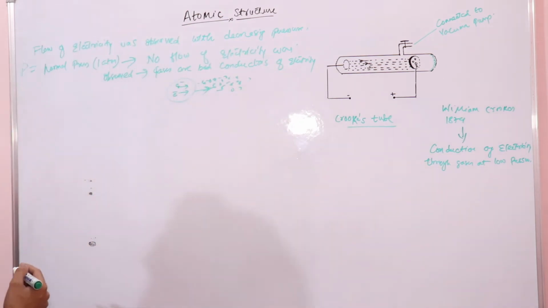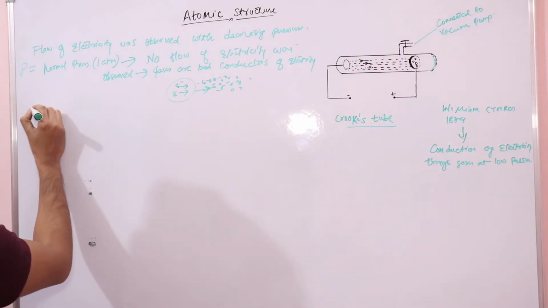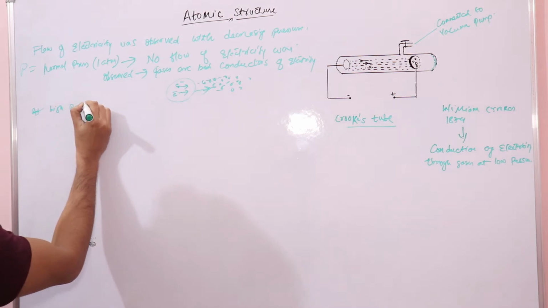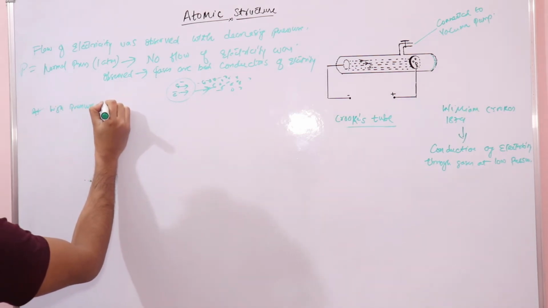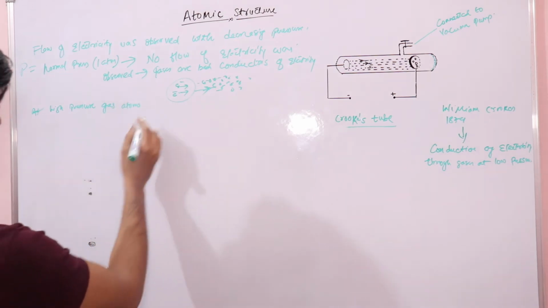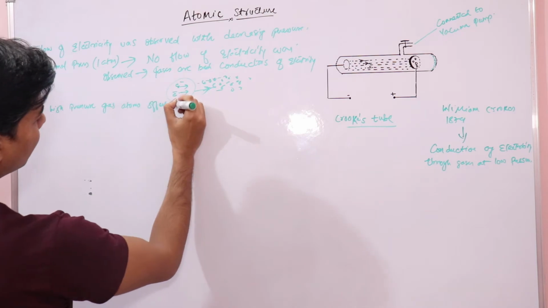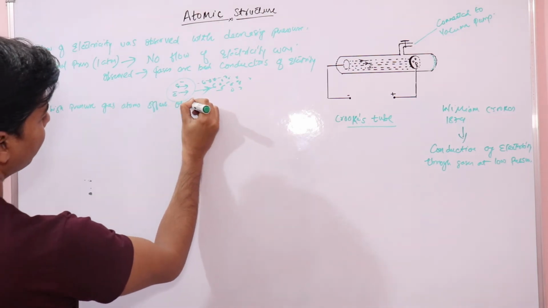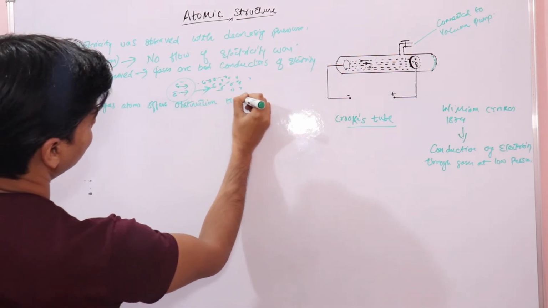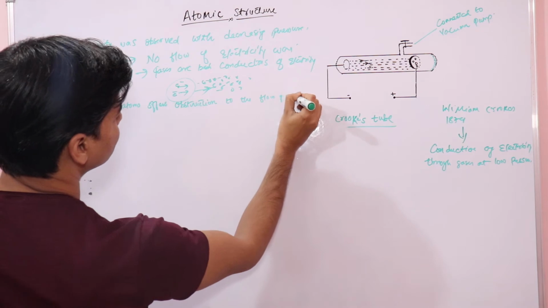So if you want to write it, at high pressure, gas atoms offer obstruction to the flow of electrons.